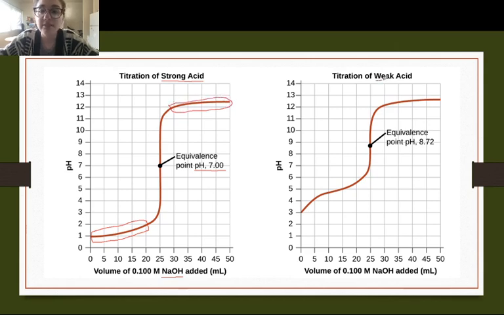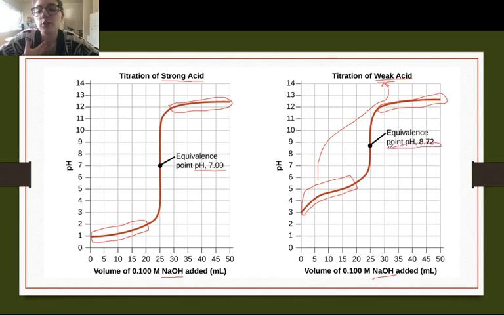But that is very different in comparison to a weak acid versus a strong base. Emphasis on weak. When you have a weak acid with a strong base, you're going to have a buffering zone. Like I said before, this is when you have a little bit of that acid still fighting to keep it acidic. That is sort of why there's a little rise, because that's the base immediately taking over, but then the acid sort of buffers.